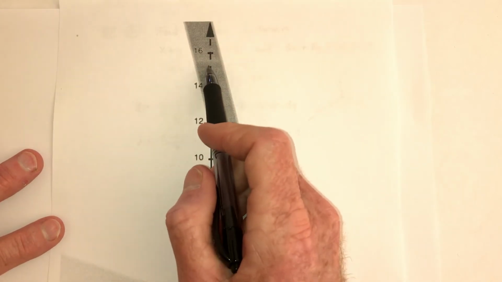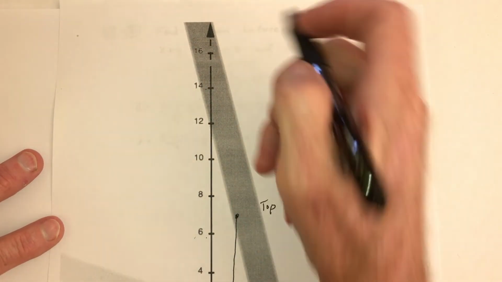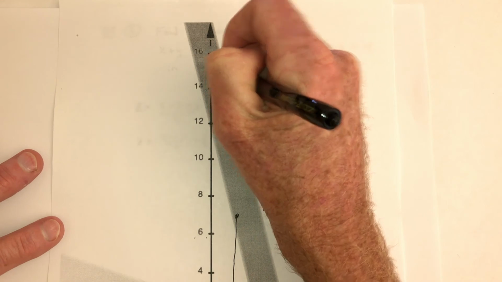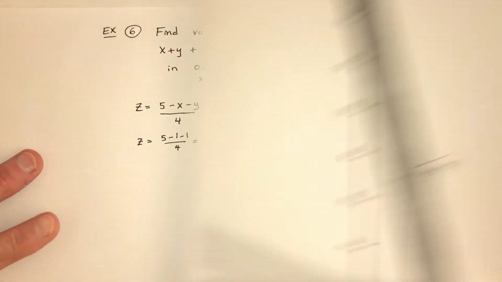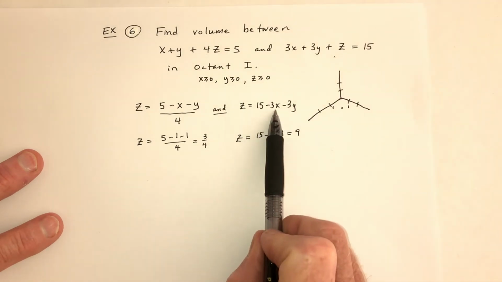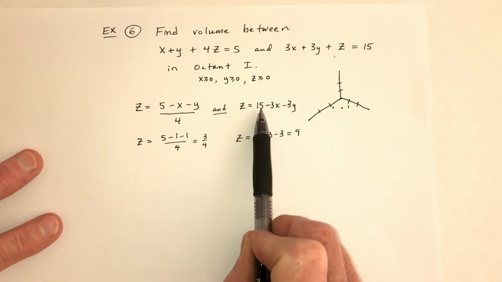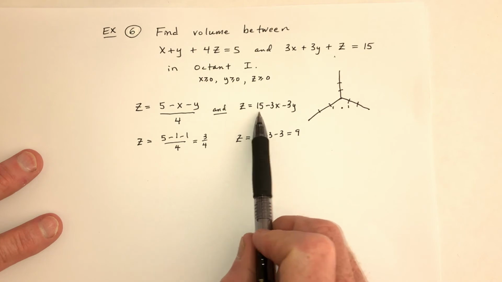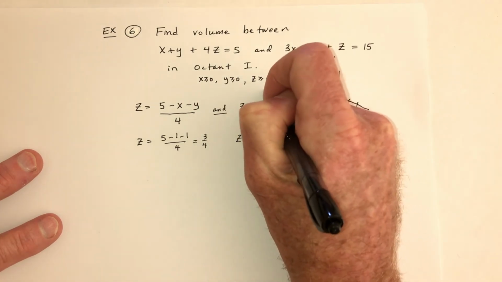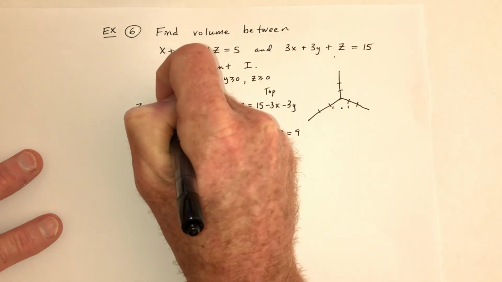And right about here, I know this isn't a great picture, but right about here, it looks like it's hitting at 15. Because if x equals 0 and y equals 0, it's going to hit the z-axis at 15. So this is the top one. This is the bottom one.